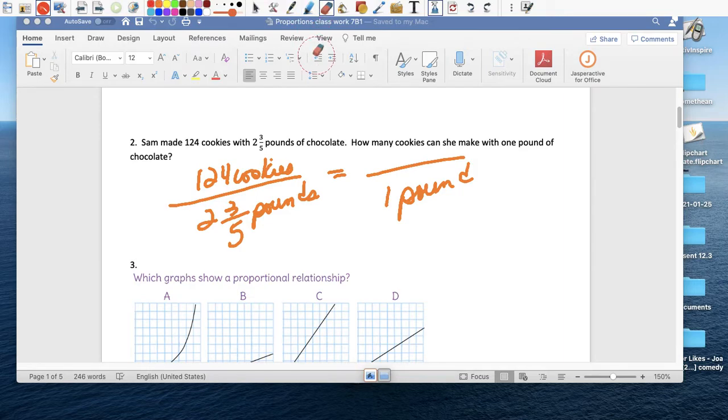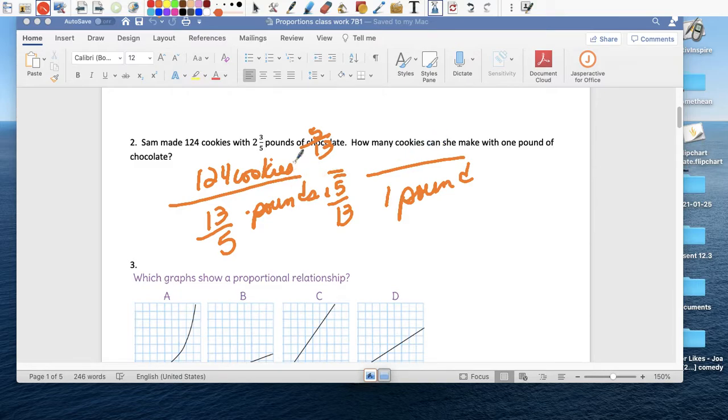The one thing I'd like to do, and I know you have calculators, but if you didn't, 2 and 3/5, I'm going to write it as 13 over 5. So I'm going to show you how we get the 13 over 5 to become 1 pound. So 13 over 5, I'm going to multiply by the reciprocal, which is 5 over 13. And the top is also multiplied by 5 over 13.